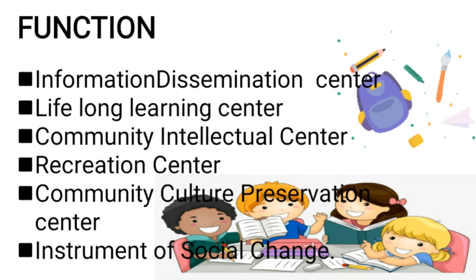It also provides mobile services to those members of the community who are incapable of coming to the library in urban as well as in rural areas. For example, patients, old age, and persons with disabilities.